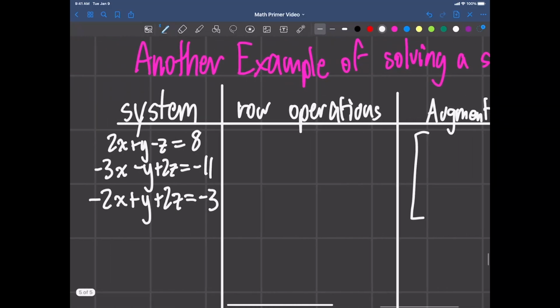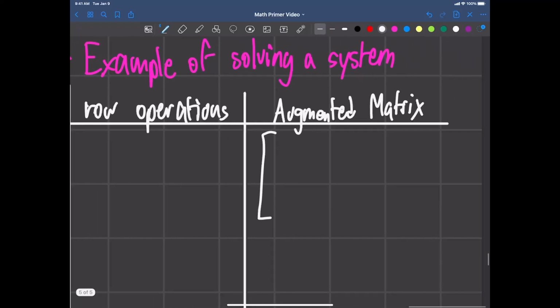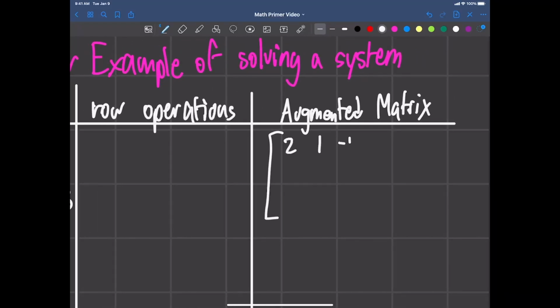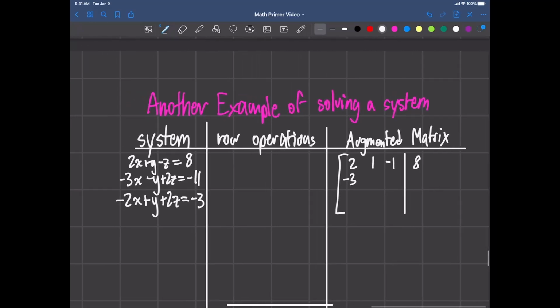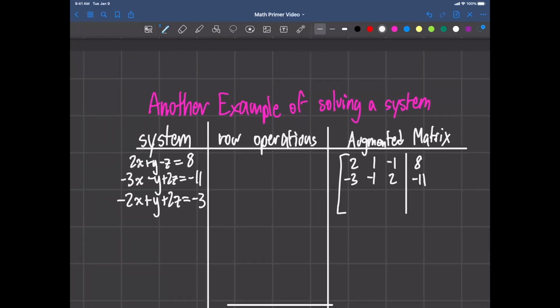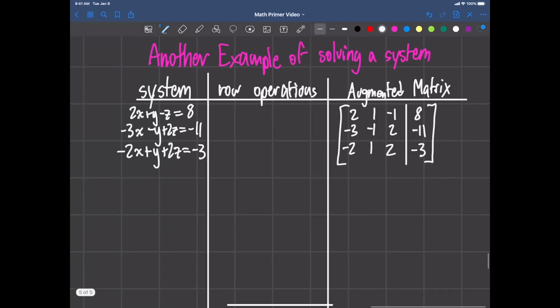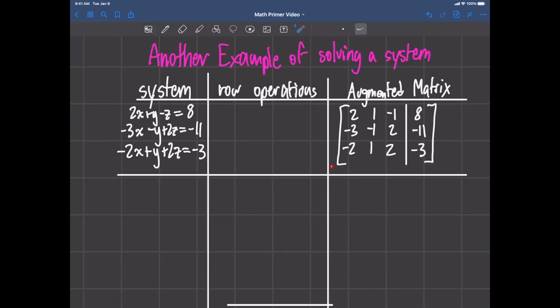We take the coefficients 2, 1, negative 1, and we put what it equals to on the side. And now we apply row operations so that we turn this matrix here into the identity matrix, and what's left here when we apply the same operations, this will be x, y, and z.